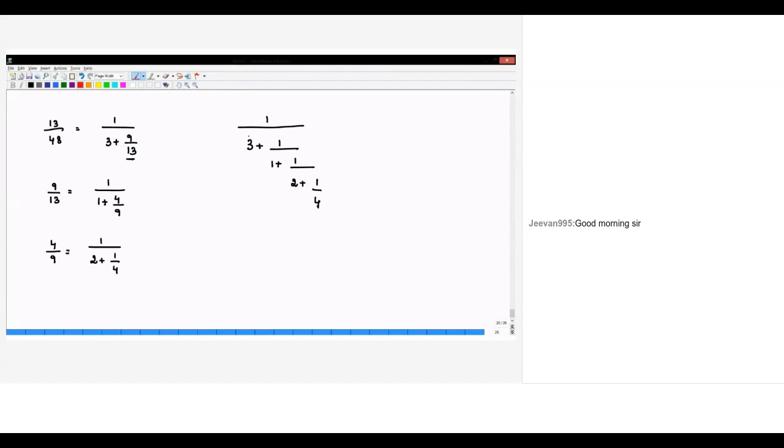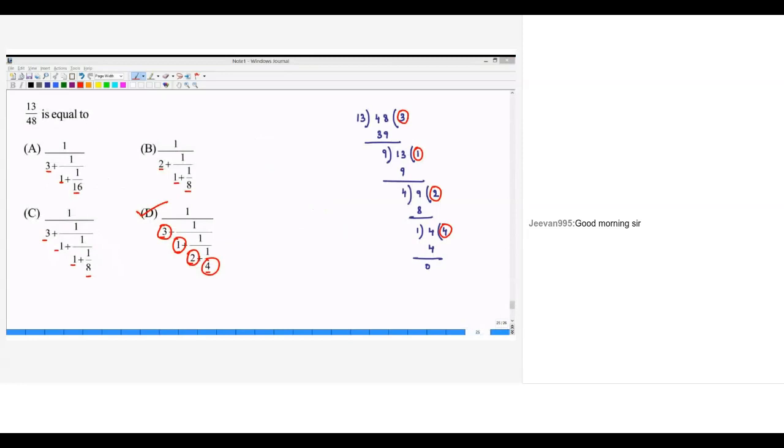So what are the quotients? That's how we write it. Right?